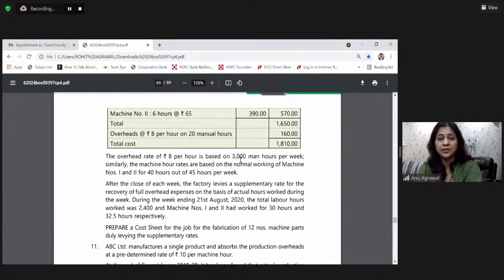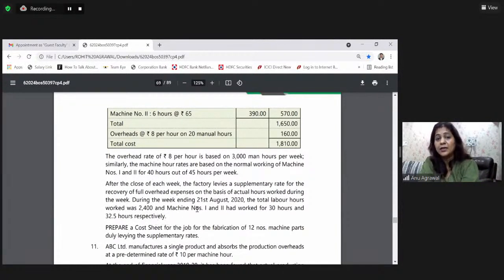After the close of each week, the factory levies a supplementary rate for the recovery of full overheads on the basis of actual hours worked during the week. During the week ending 31st August 2020, the total labor hours worked were 2,400 hours, and machine number 1 and 2 had worked for 30 and 32.5 hours respectively.